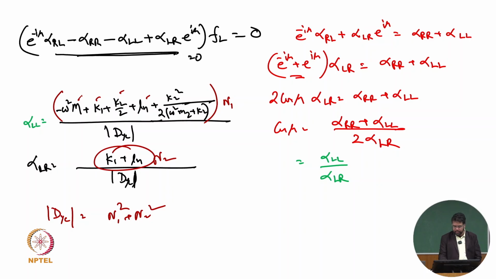So this is primarily dependent on omega and this is also dependent on omega. So we can say that cos mu is a function of the excitation frequency, and we can get the responses from there. So any doubt in that?